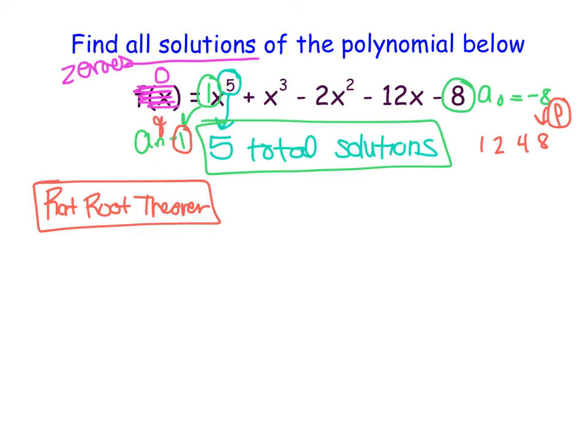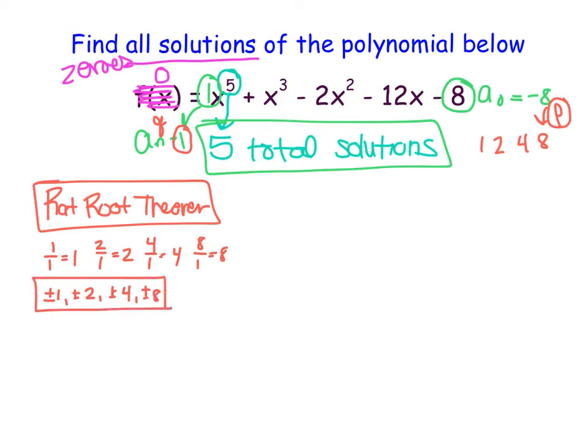So if I go through this process, I have 1 over 1, which equals 1, 2 over 1, which equals 2, 4 over 1, which equals 4, and 8 over 1, which equals 8. So my possible rational roots are the positive and negative versions of 1, 2, 4, and 8.